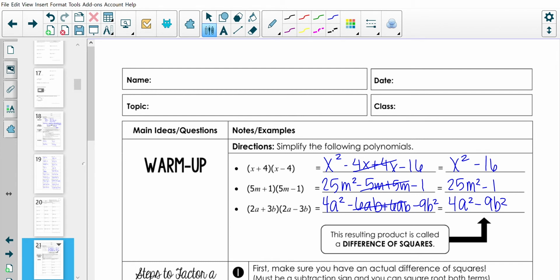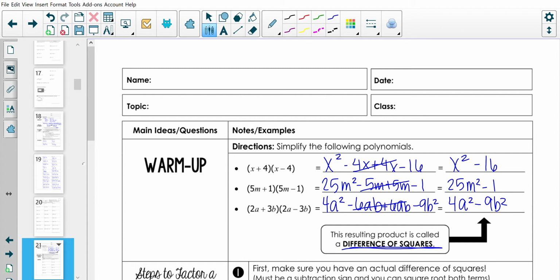So if you look at all of your answers here, you will notice two things. One, you can find the square root of every term in these three answers. And two, they all have a minus sign, okay? So this is your difference of squares, and difference is important, meaning subtraction, okay?